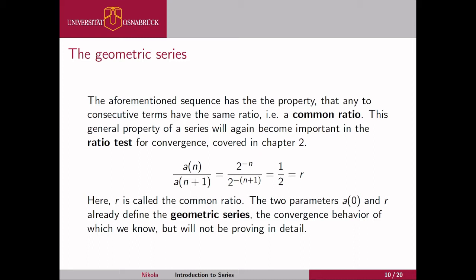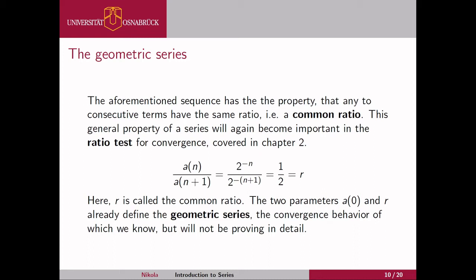And if we, in general, have the property of our initial value, a0, and a common ratio r, which is fulfilled by every single term of the series, this is already defining a geometric series.